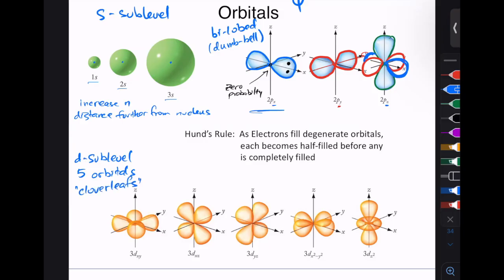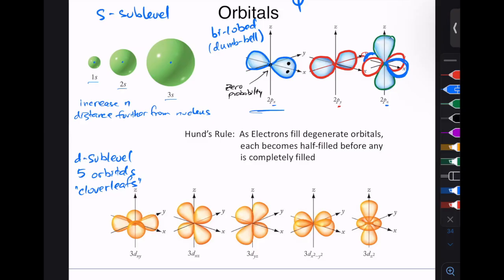And we don't need to worry so much about how they're designated, like sub xy, sub xz, x squared minus y squared. Don't worry about that, okay? I just want you to get the overall idea. It's way too complicated for me to try to overlay all 5 of these into one, just like I did for the p's. But you can kind of imagine that if I did that, we are once again going to end up describing an overall spherical shape that defines the d sublevel within any given principal energy level. All right, it's the same idea.